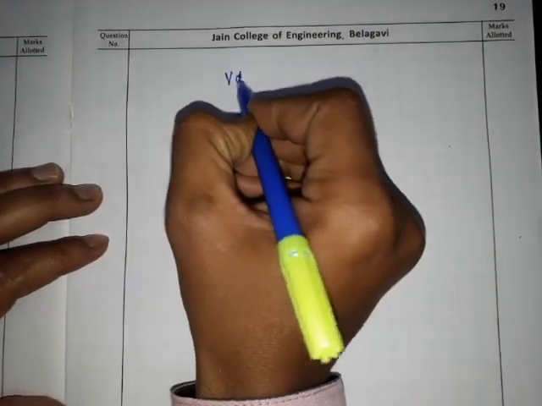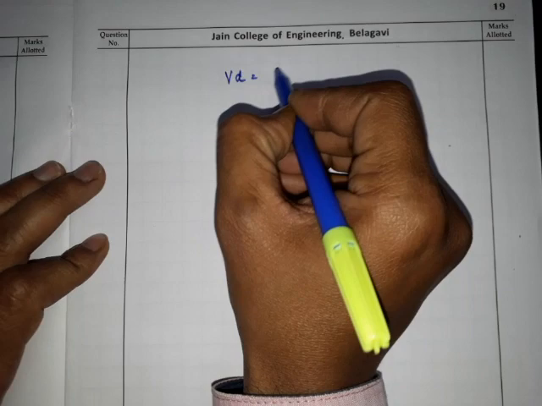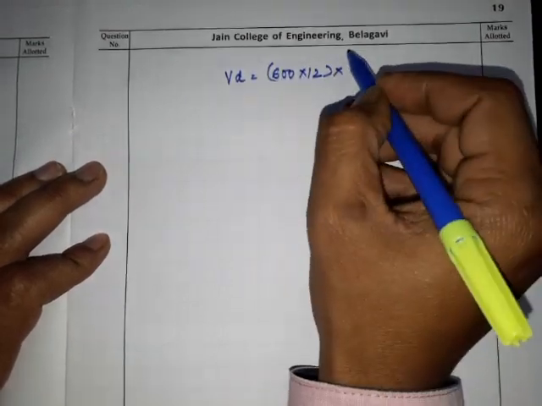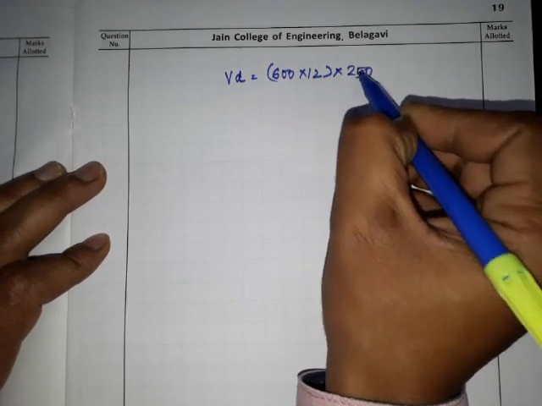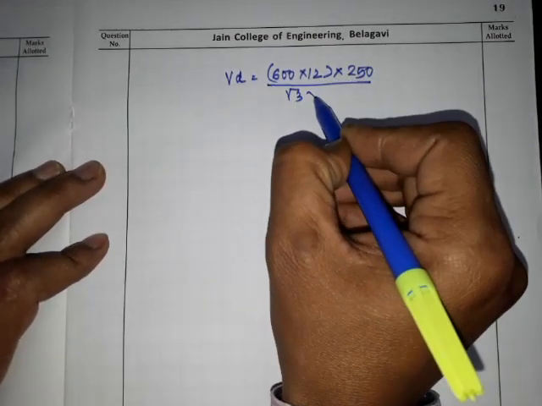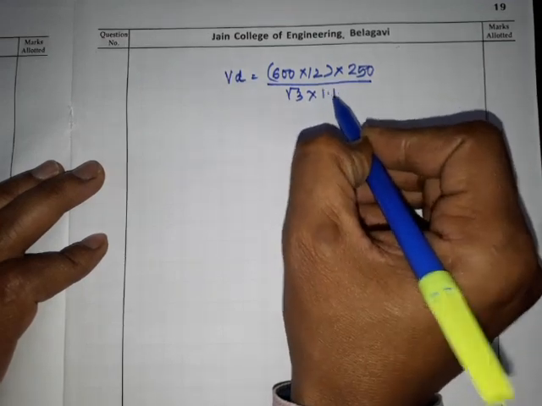So therefore Vd will be Aw, area of web, 600 into 12, into Fy is 250 divided by root 3 into gamma m0 is 1.1.